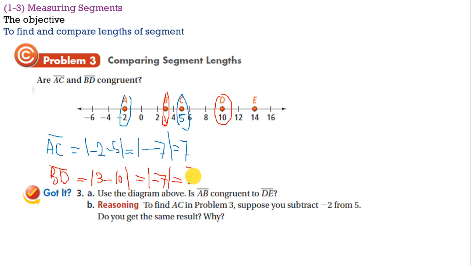Now, are these congruent? The answer is yes, they are congruent because they have the same size. So I can write AC is congruent to BD.